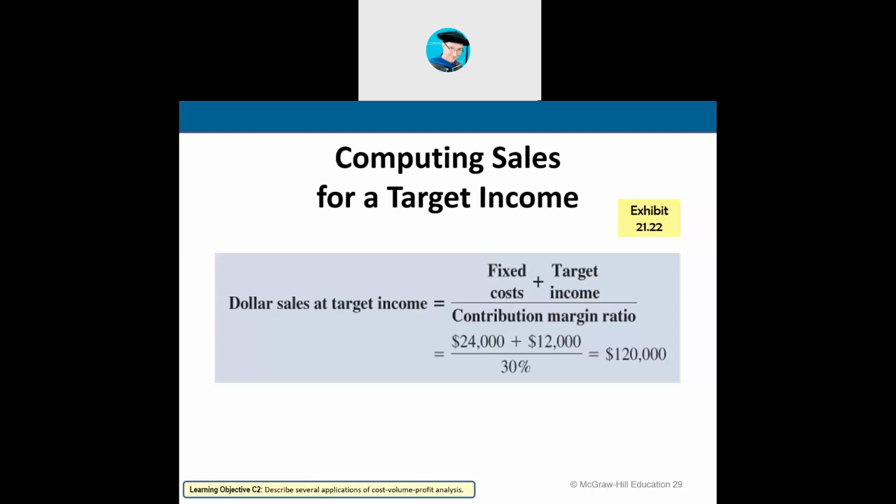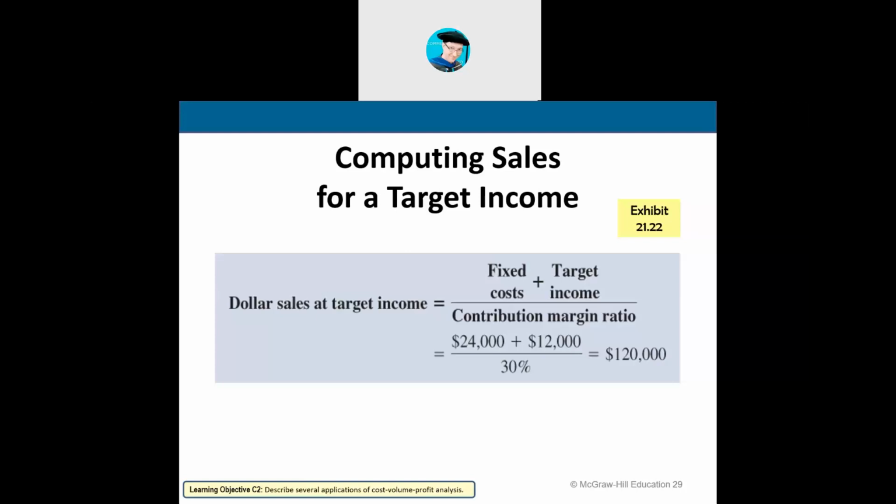This was the formula we would use. We would take our fixed costs plus the target income. That's how much I want to have as net income at the end of each month, $12,000. Fixed costs plus target income divided by your contribution margin ratio, 30%.